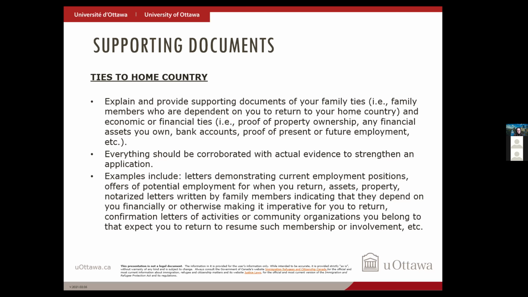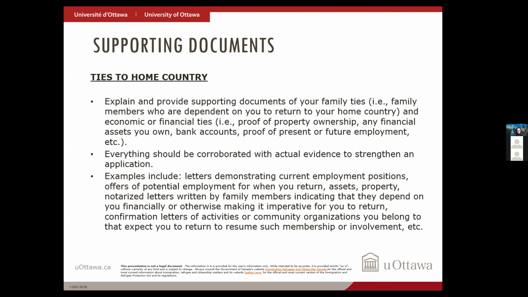What family members do you have in your home country who are dependent on you on your return? And then you want to talk also about financial or economic ties. Do you own any property or any other financial assets, bank accounts, employment, anything like that? And this is important, everything in your study plan that you're talking about, as much as possible, you should corroborate with actual evidence.